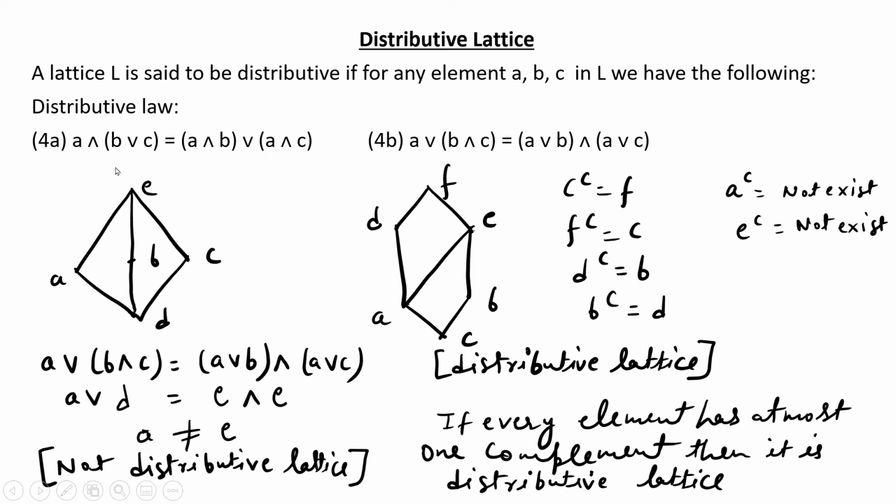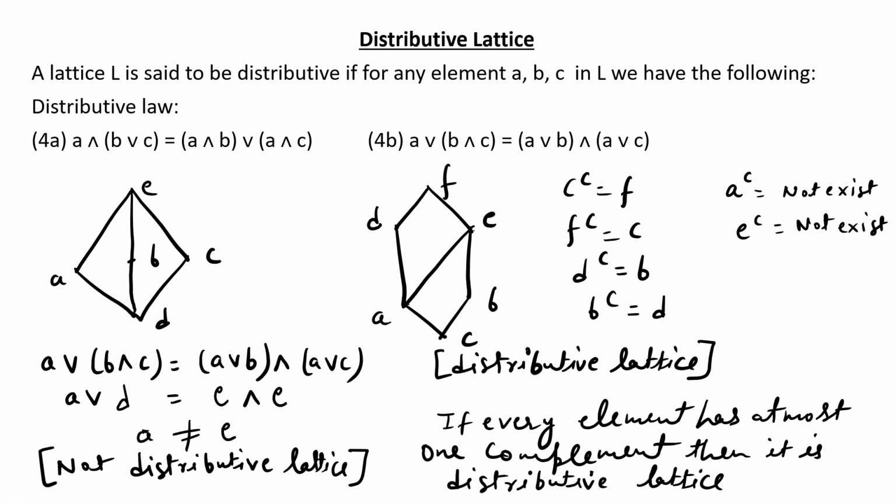So we have to check for all the elements, like we have the lattice A, B, C, D, E. Let's check for the elements A, B, C. Then A join (B meet C) equals (A join B) meet (A join C). So this should be equal.